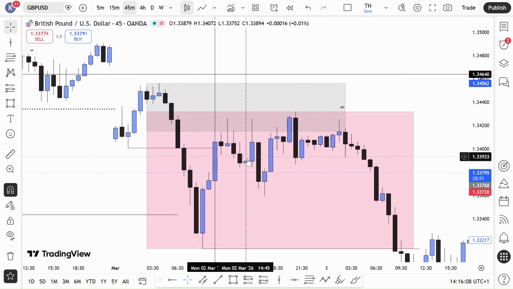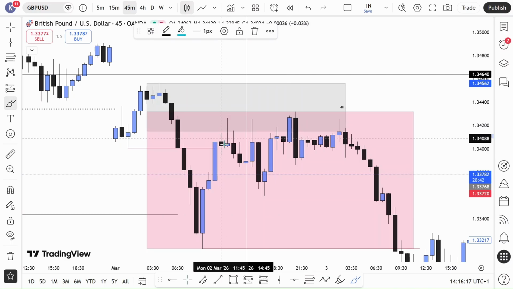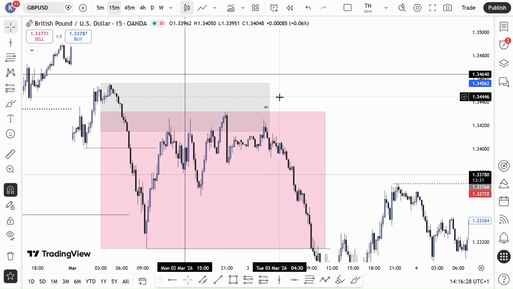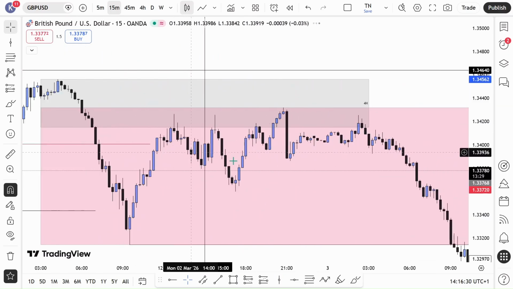Coming into the charts from here, one of the things I was able to see was that we had a bearish candle closure, then a bullish candle, and then we had this. This was actually a break of structure for me. If that is not so obvious, from the 15 minutes you will be able to see that pullback.